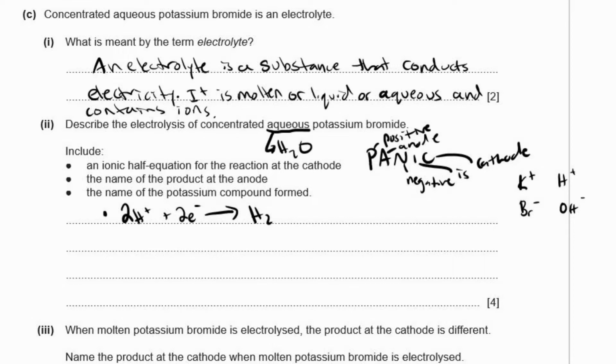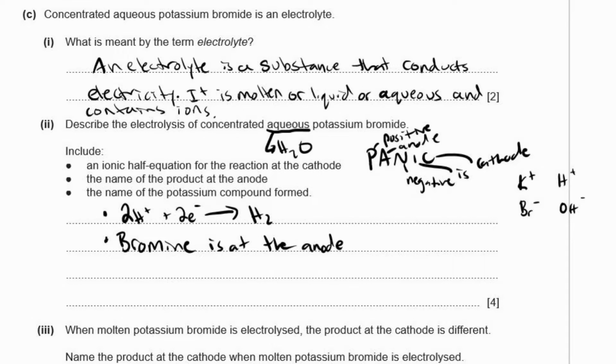Now the name of the product at the anode. The anode is positive, and so it will attract a negative, and that will attract the bromine. So we have bromine at the anode.